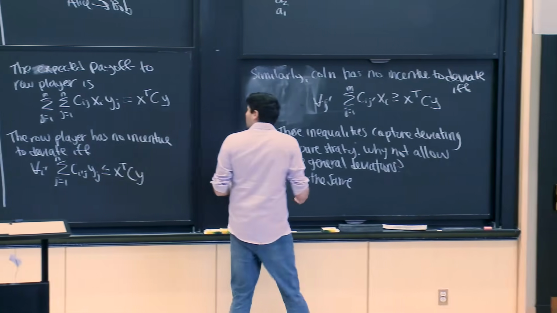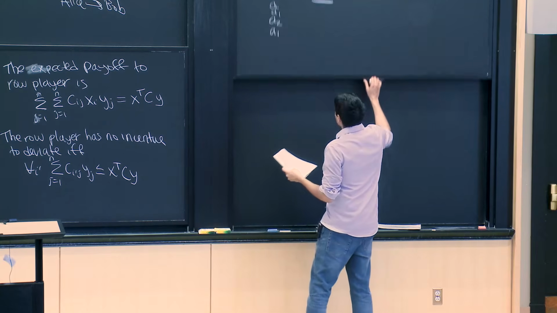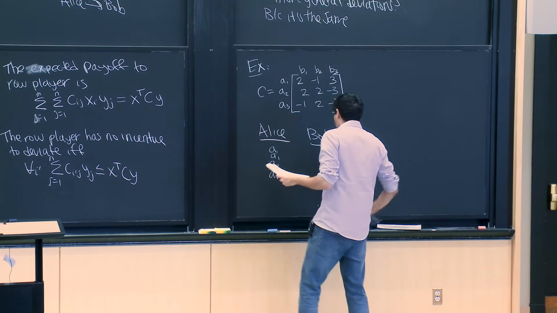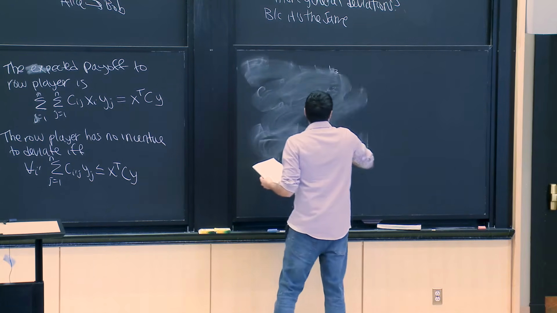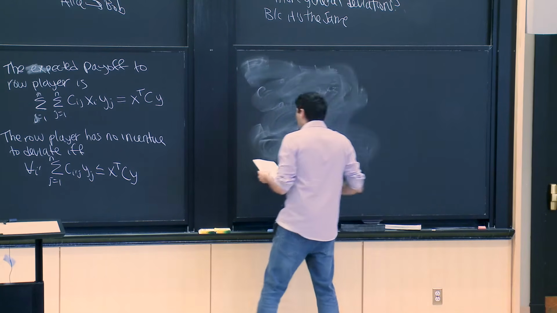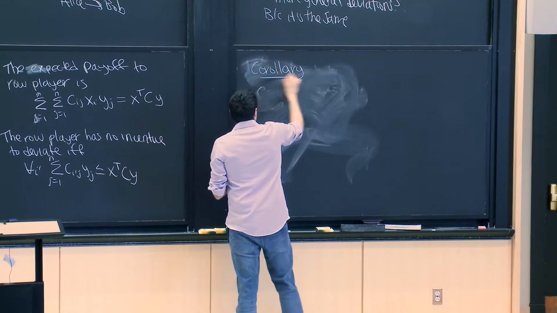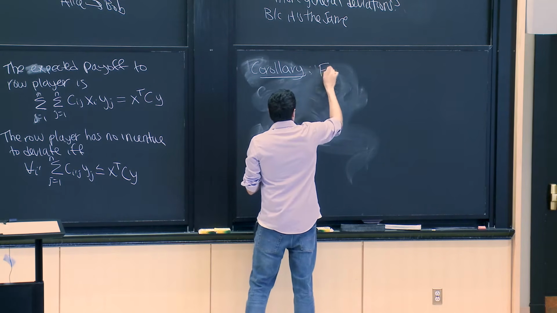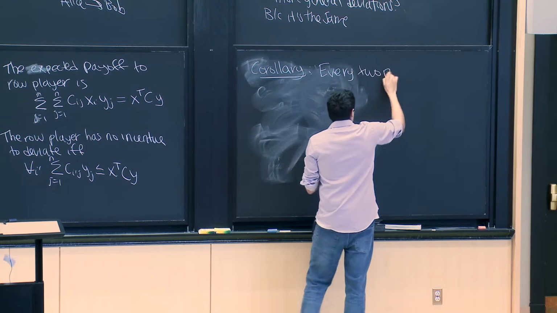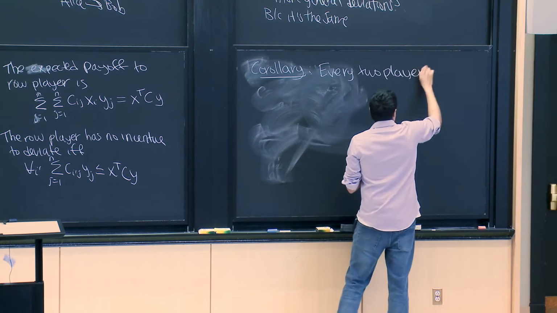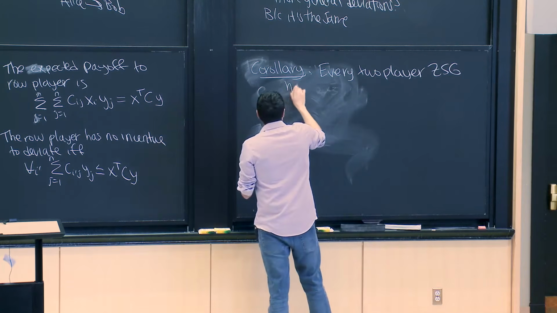All right, so let me state that corollary, and then let's prove it. I claim every two-player zero-sum game has a mixed Nash equilibrium.